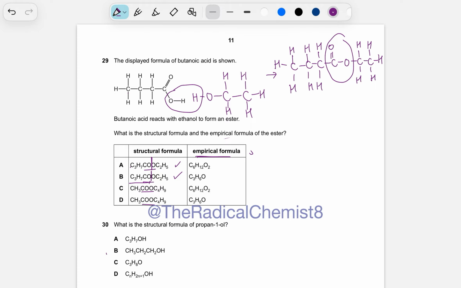Remember, this is the simplest whole number ratio. So if we count quickly the number of carbon, hydrogen and oxygen in our ester, this is C6H12O2. This is divisible by 2. So your empirical formula is C3H6O. So your answer is B.